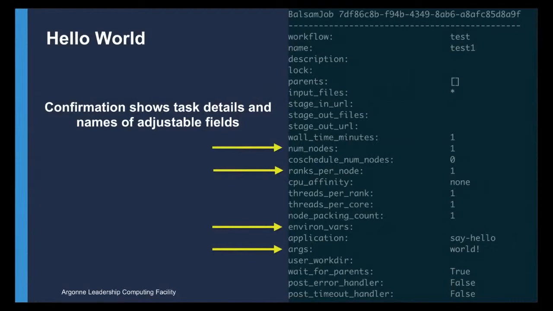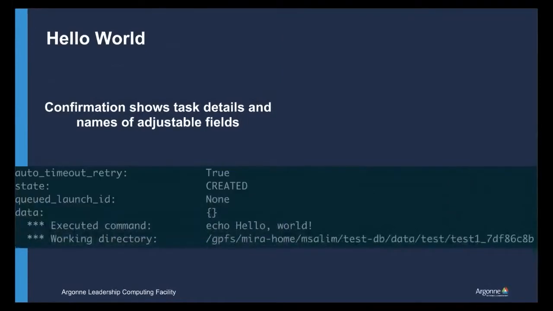I glossed over the notion of states here, but you got an idea that jobs are created, running, done, failed, and so on. Before any job runs, it goes through a stage in transition and a pre-processing transition, both of which are optional, and in the simple cases they're just no-ops.